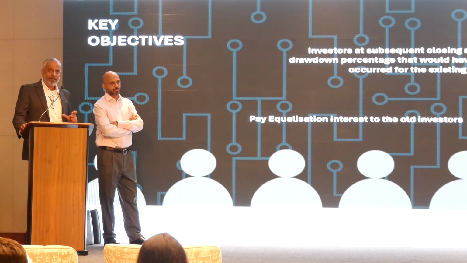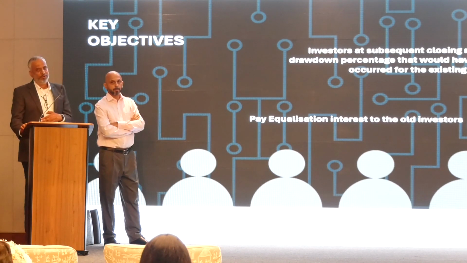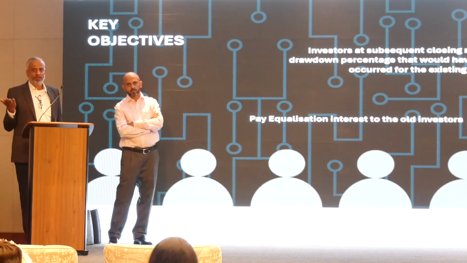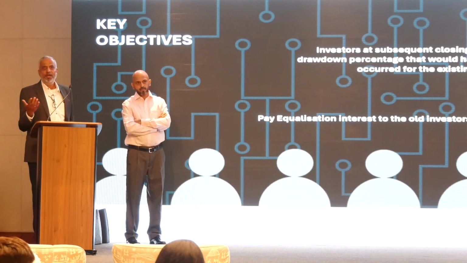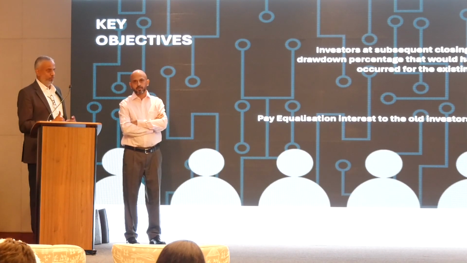It gets complicated if there have been drawdowns between the initial closing and the time when the new investor comes up, because during the initial closing there are already other investors in the fund who have already parted with their money, whereas the new investor is going to invest only during the current closing.